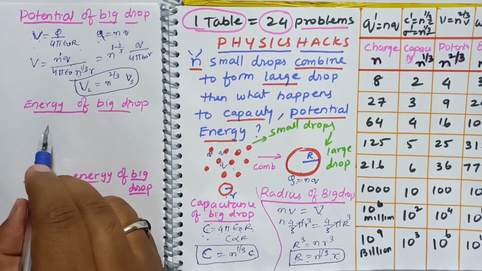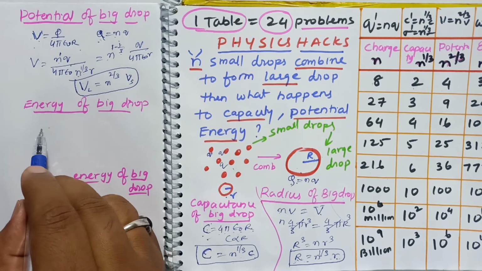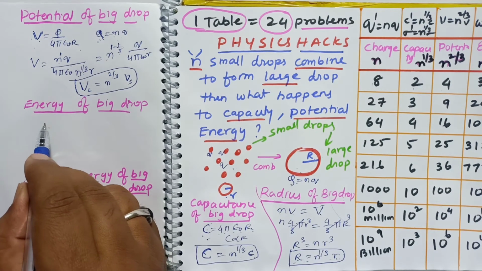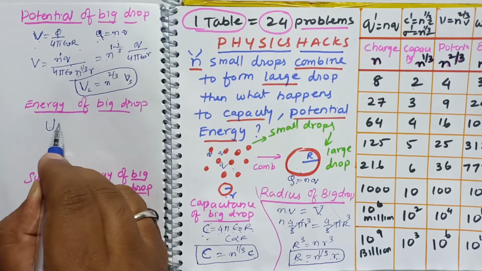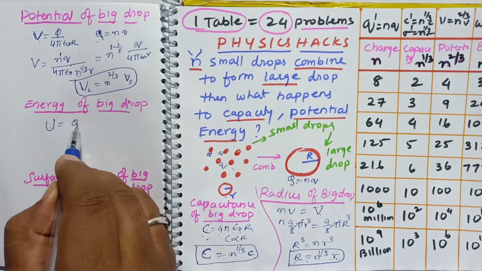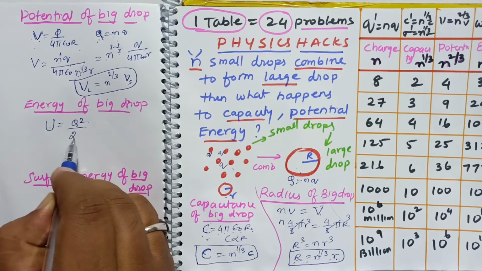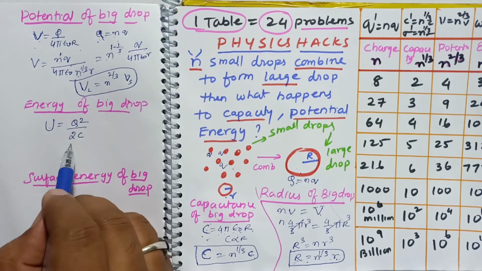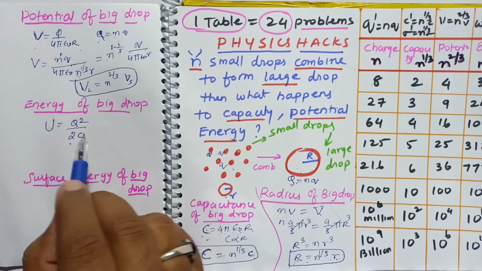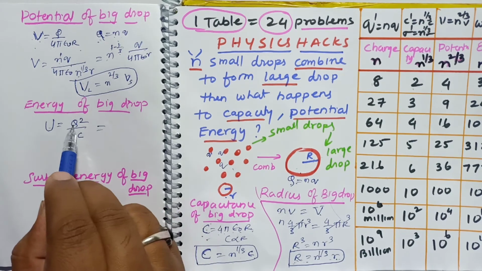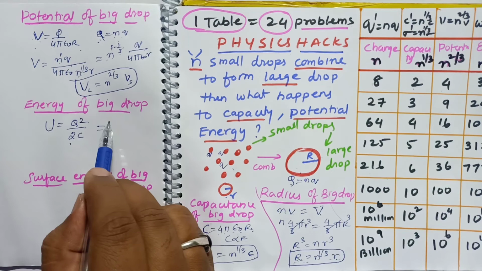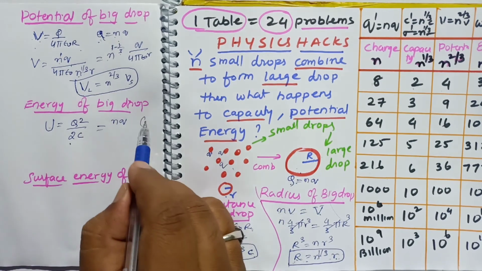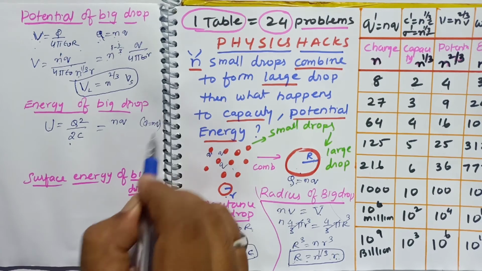Then what about the energy here? You know the formula for energy. Formula for energy is U equal to Q square by 2 into C. Charge is going to be n times the smaller charge, because capital Q is equal to n times small q.